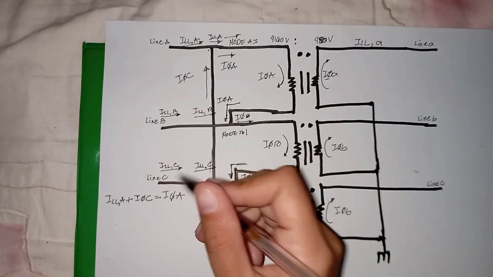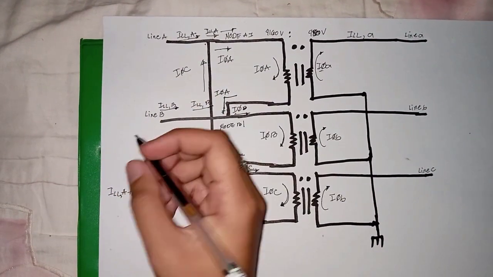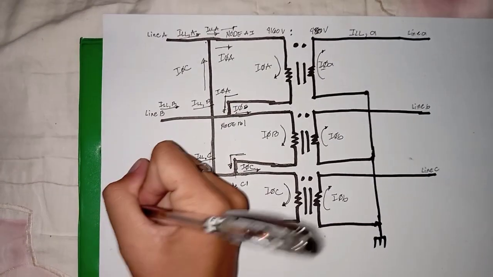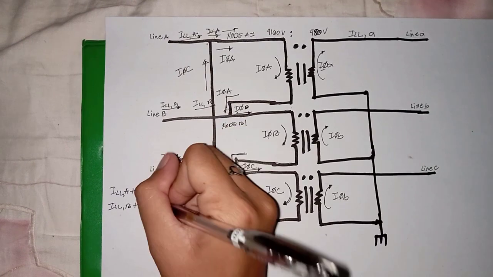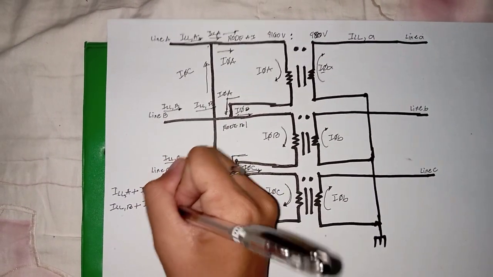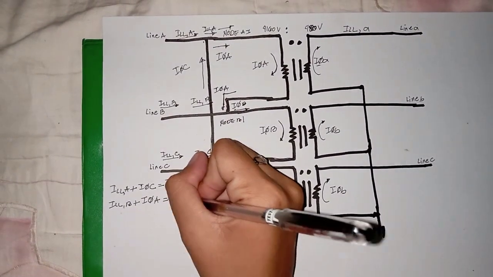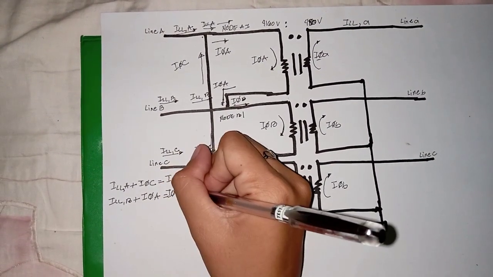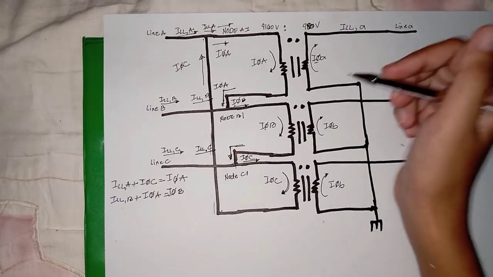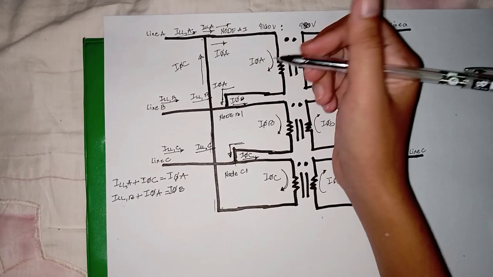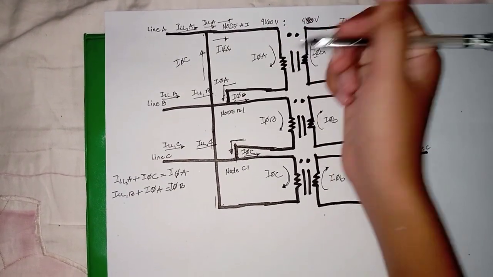So similarly, for node B1, line current B plus phase current A is equal to phase current B. Line current B and phase current A are flowing into node B1, but phase current B is flowing out of node B1.